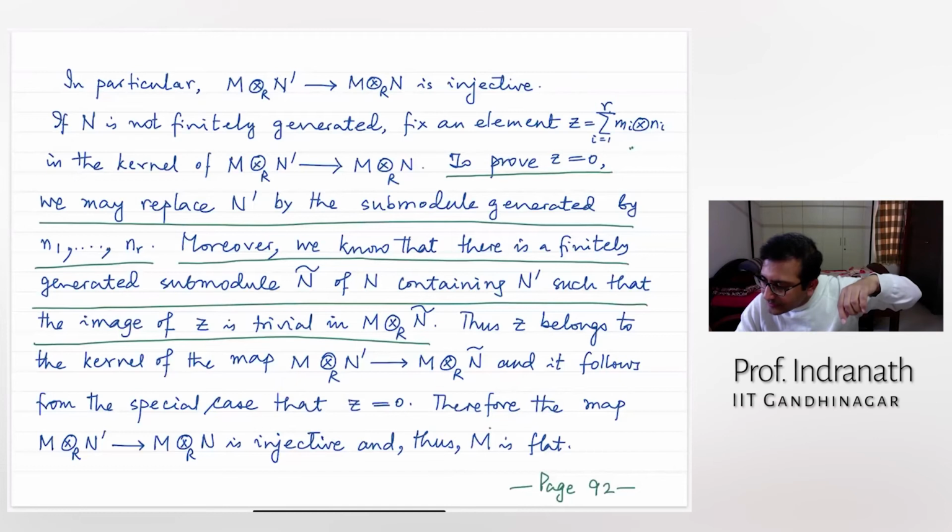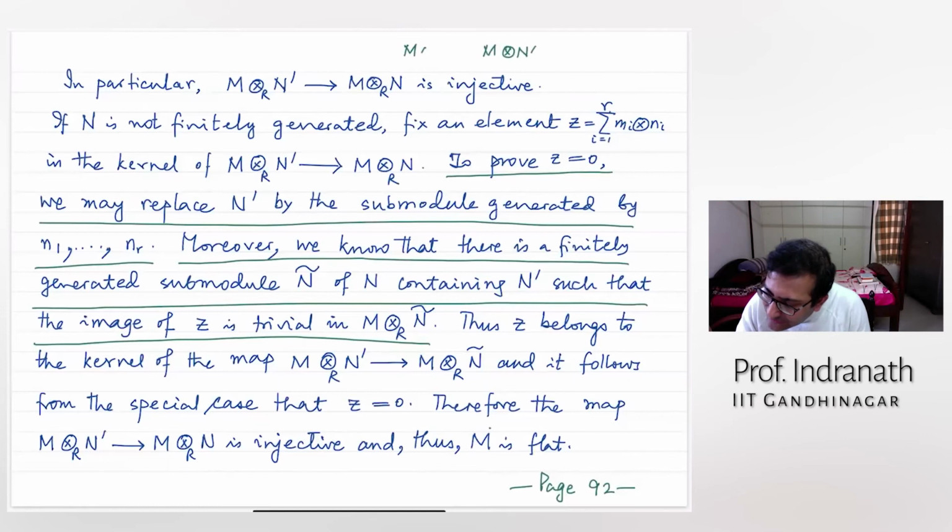Yeah, so that element is here. You want to show that it is 0. Now, to show that, basically you want to use the injectivity of some map. You do not actually need a proper submodule. Suppose you have M tensor N, and N dash, and an M tensor N tilde, and you can give a map from here to here, that is enough.